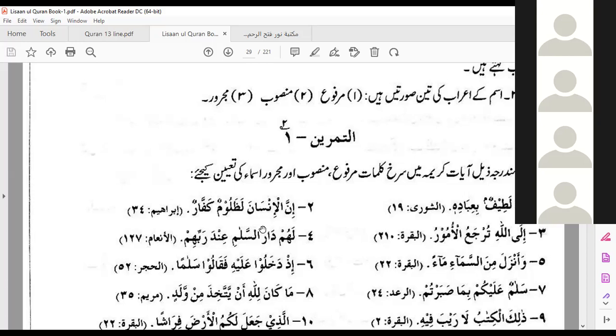Innal insana, the second term is mansoob. Good. And the identification status is nasab. It's fatha, and that's why it's in the status of nasab. That's why it's mansoob. Okay, go ahead.